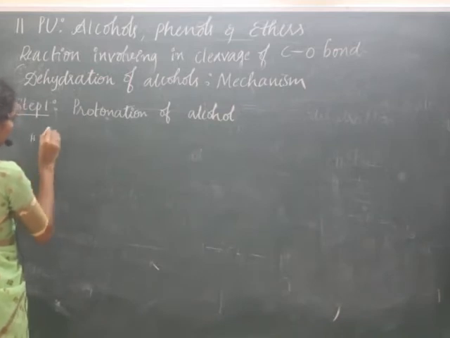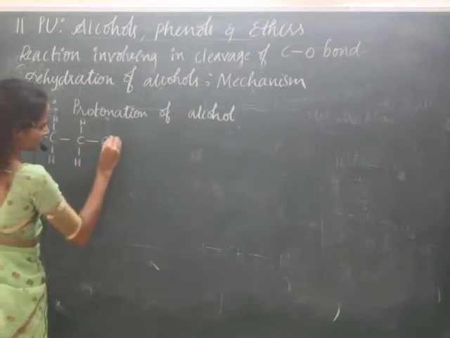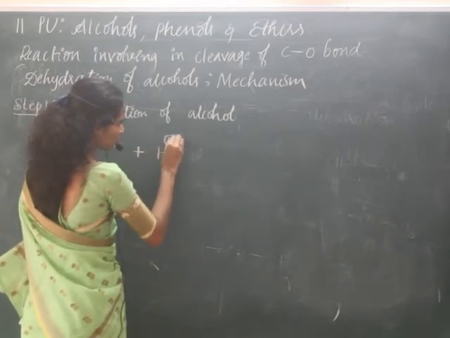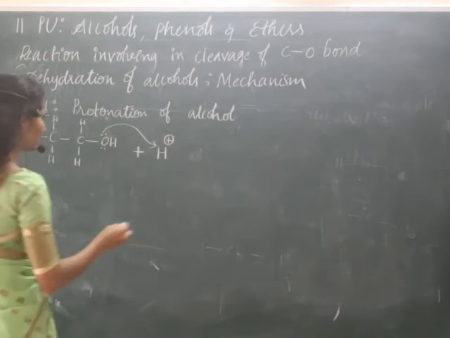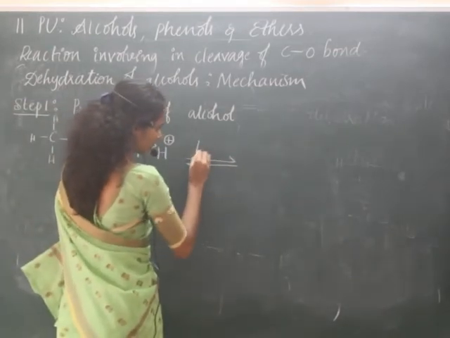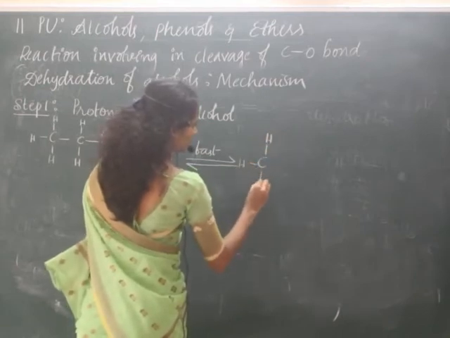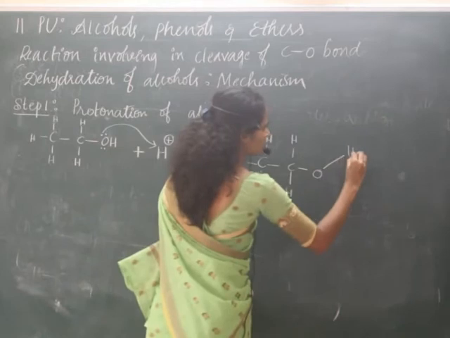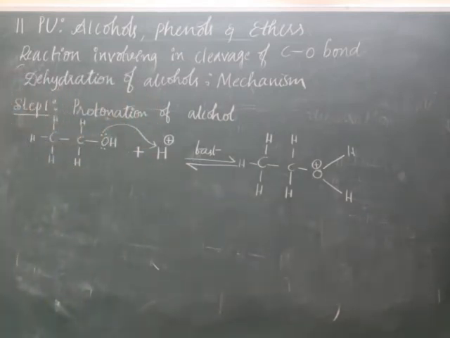CH3CH2OH, ethanol, on reaction with a proton, which attaches to the lone pairs on oxygen, undergoes a reversible reaction, which is the fastest step, and we get CH3CH2 with OH2 plus, the protonated ethane oxonium ion, right? We get the protonated compound.